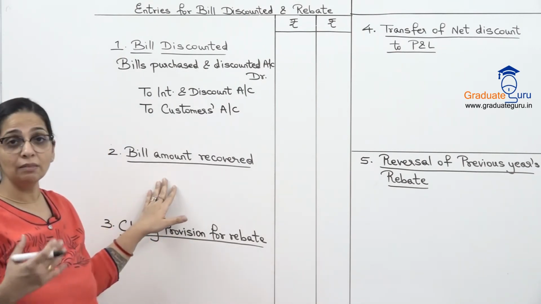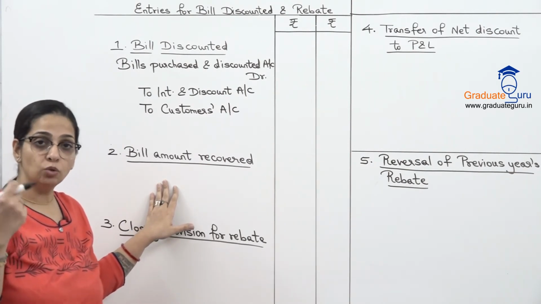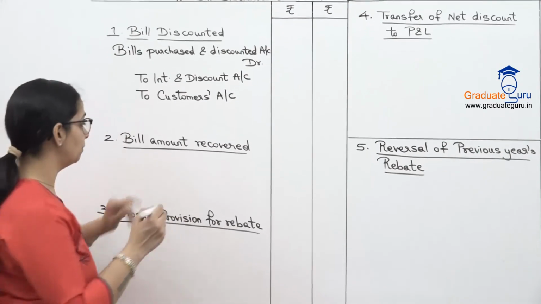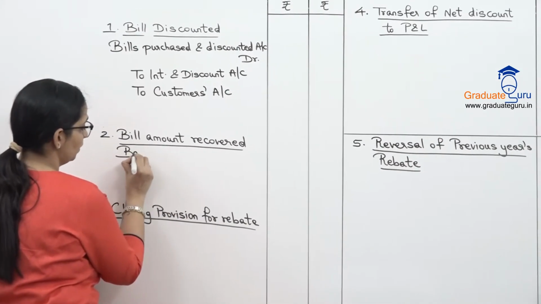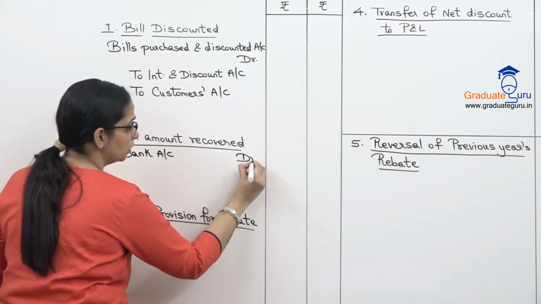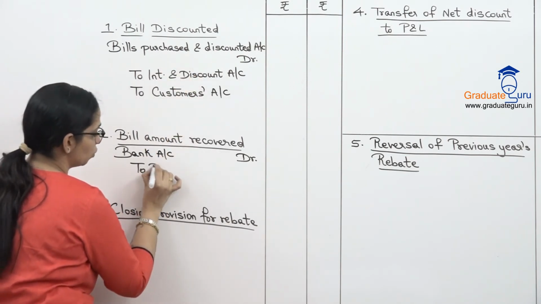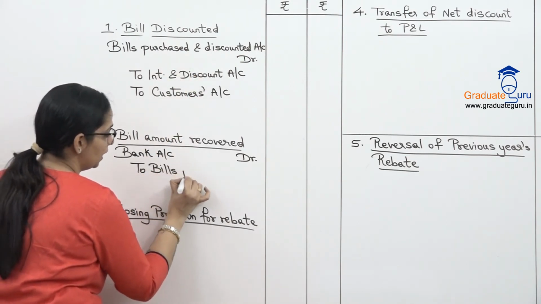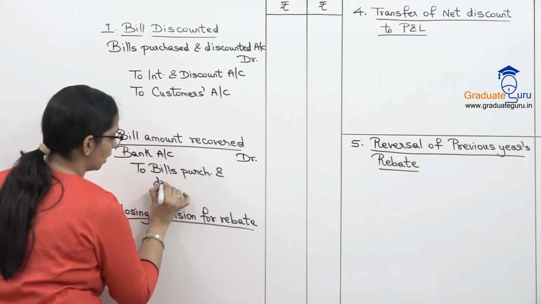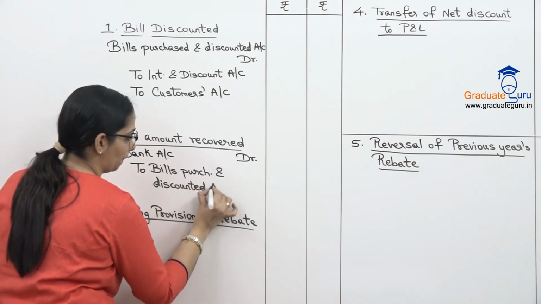Then I get the amount for that bill, bank bill लेकर उस दूसरी पार्टी के पास जाएंगे and they will recover the amount from that bill. So, bank account debit, you usually get a credit in your account and we will reverse this bill entry. So, to bills purchased and discounted account.